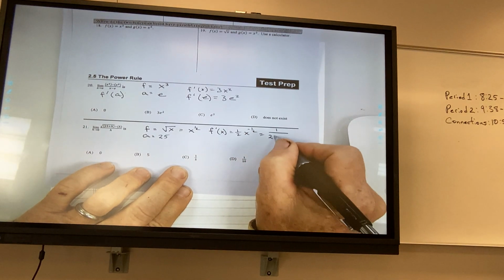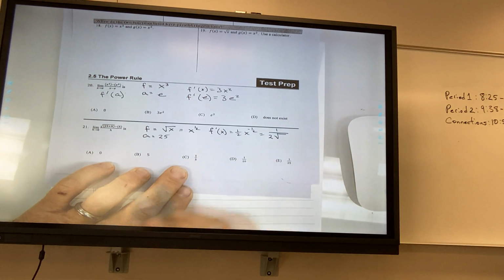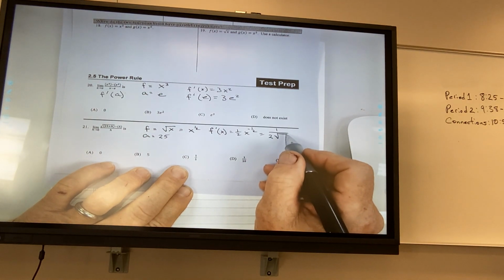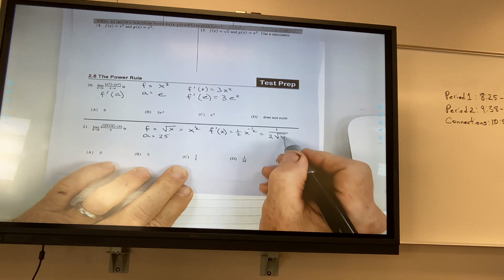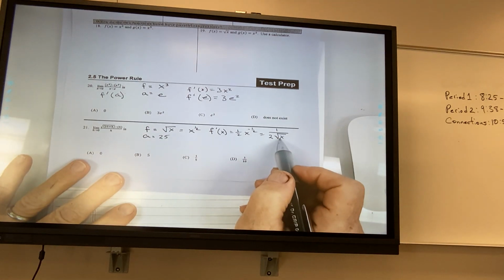And you'll see me write this many times. Anytime you have a fraction in the exponent, you're going to have a radical. That's what this little funky thing is. It's a radical. This one happens to be the square root, which is x to the 1/2 power. Remember, if you get a negative 4, negative 3, or negative 2, those are not square roots or cube roots or any of those. Those are fractions. Okay? This is a fraction, so that's where that's going to be.